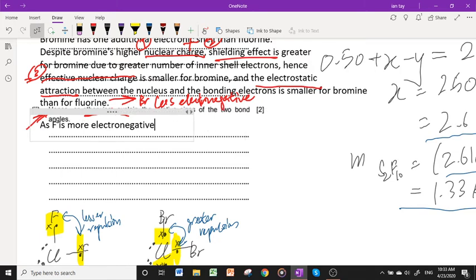Or rather, as Br is less electronegative. Okay, it's just my phrasing, how to make it more smooth in your presentation delivery.